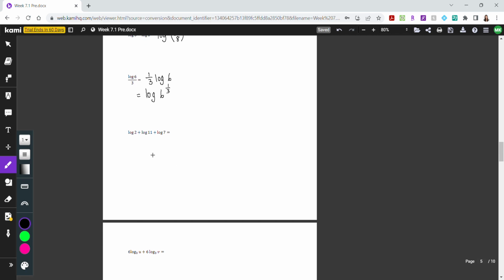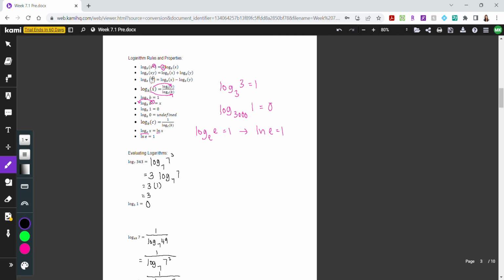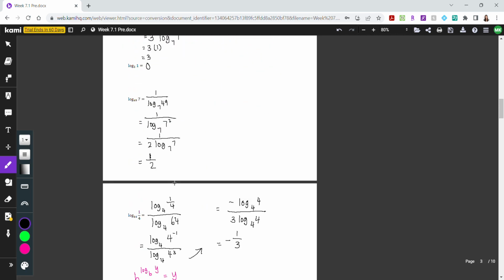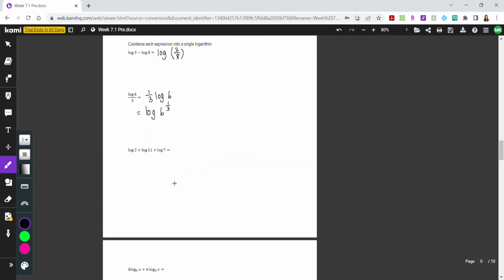And now we look at this one. We have log 2 plus log 11 plus log 7. Because they are adding with each other based on the properties, right? They're going to be multiplying. So if I were to rewrite this, it would be log 2 times 11 times 7. I can do that, right?